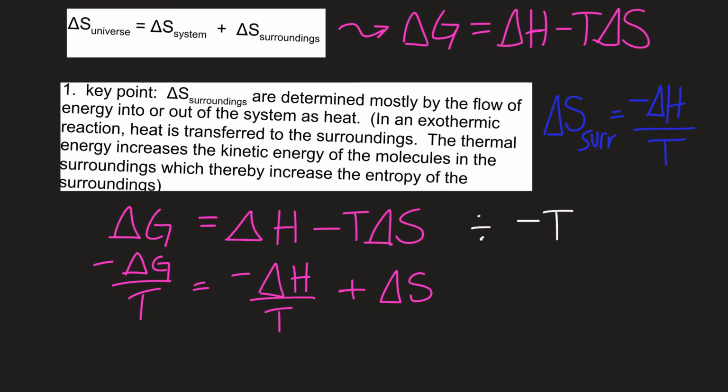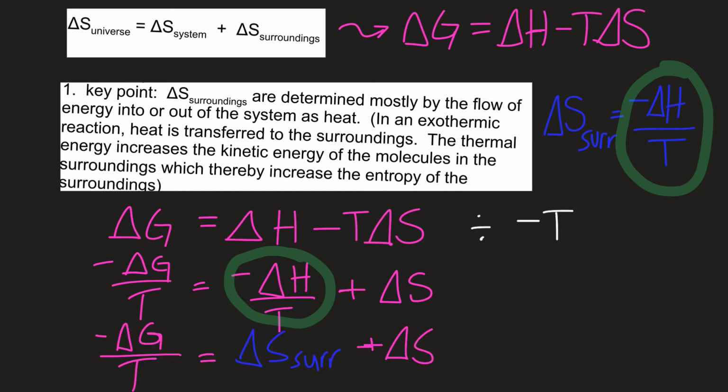So at this point, you can see that our negative delta H of the system over T, same thing we have down here. So I can actually replace that term with delta S of the surroundings. So I've replaced it, and remember, just regular delta S means it's delta S of the system.